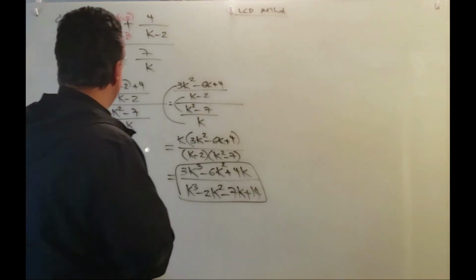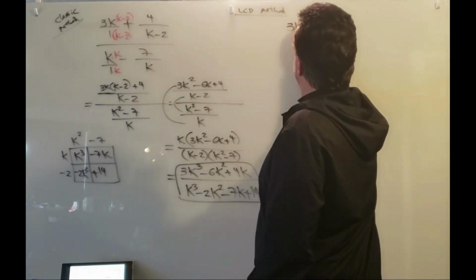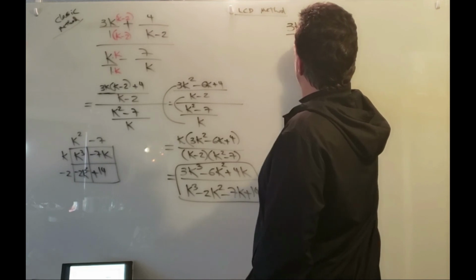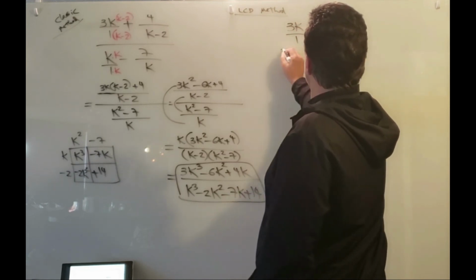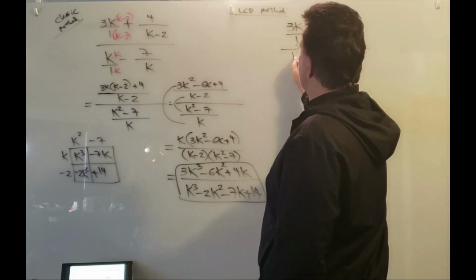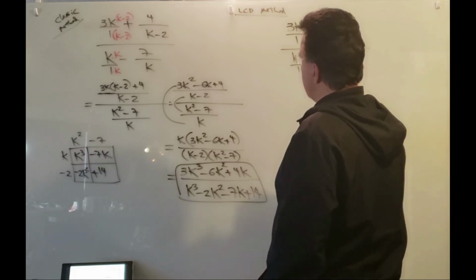Now, if we use the other method, so we have 3k over 1 plus 4 over k minus 2 over k over 1 minus 7 over k.